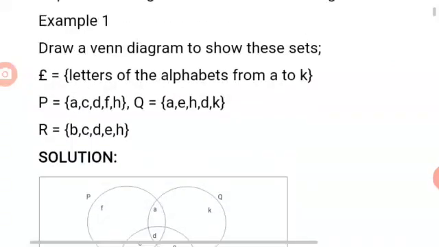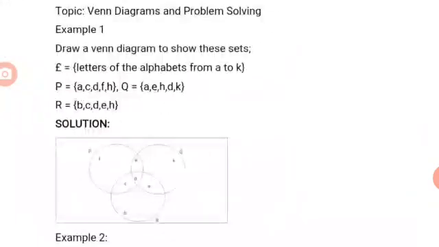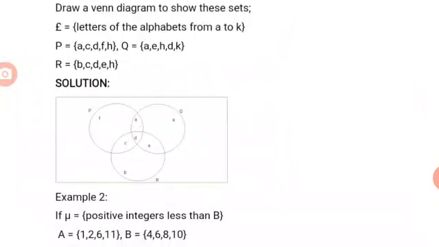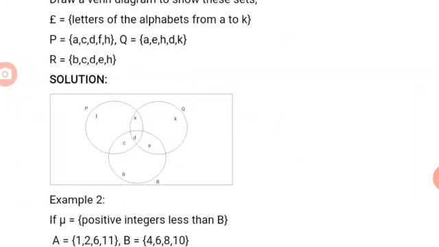When you look at the 3 sets, P, Q, and R, the element they have in common is D. You can find D in set P, in set Q, and in set R. So D will be at the center.